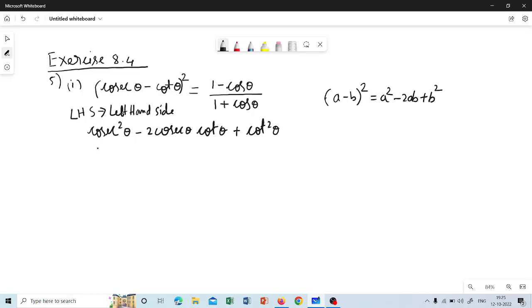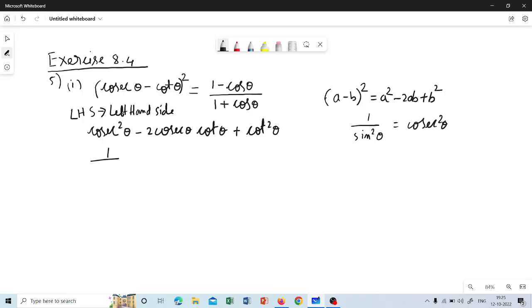Now I am going to write in terms of sine and cos, because the right hand side expression is in terms of cos. Now we know that 1 by sine square theta is equal to cosecant square theta. So now I can write this way.